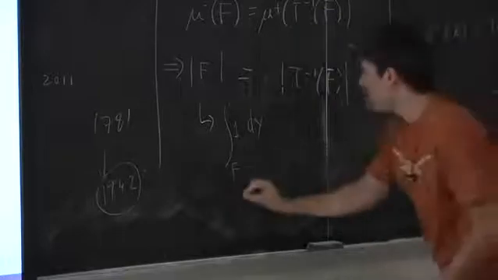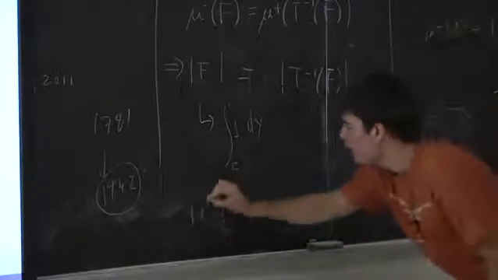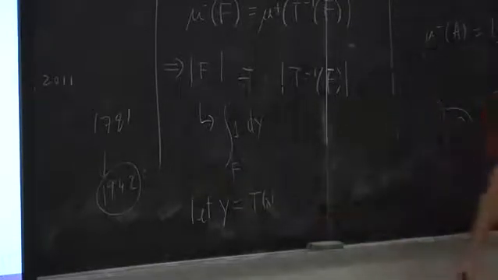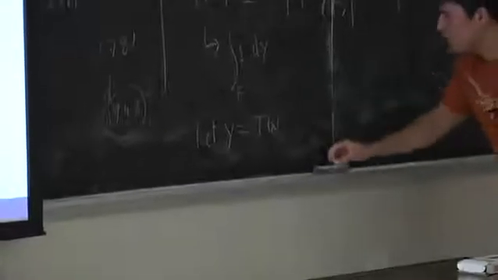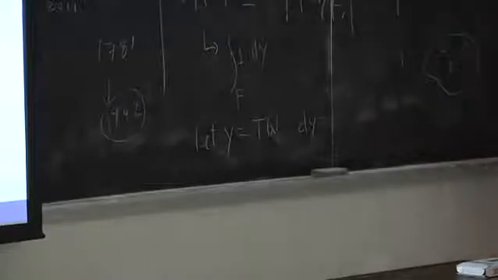Now what we're going to do is let y be equal to T of x. We're going to do a change of variable. From calculus, if T is, let's say, smooth, then you know that dy is given by, anybody remember the formula? Something with the determinant, right?